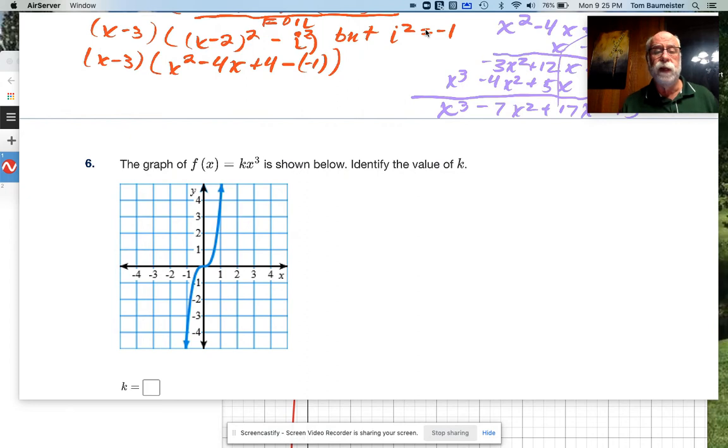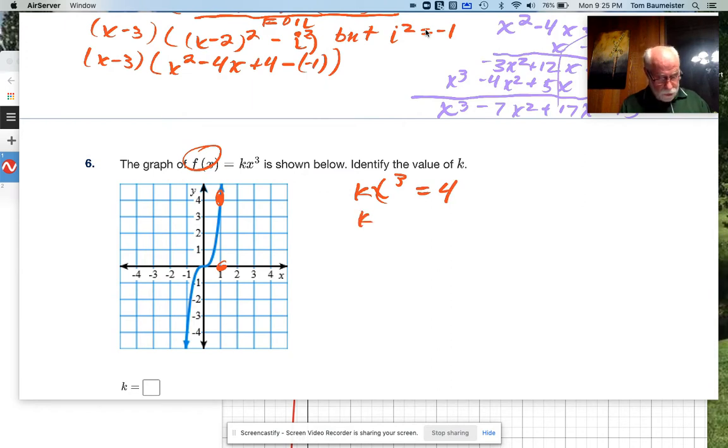Number 6 here, ladies and gentlemen, is just kind of a gimme problem. So we know that k times x cubed. If we look here, when x is equal to 1, what's y going to equal? It's going to equal 4. So think of it as kx cubed is equal to 4.